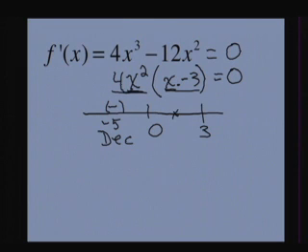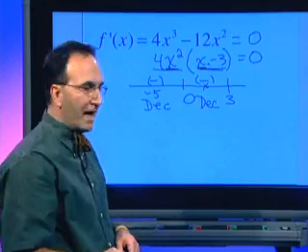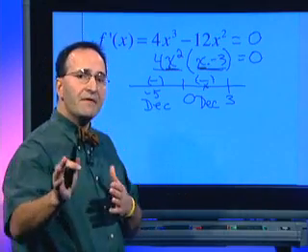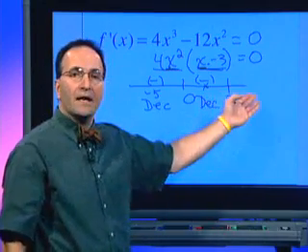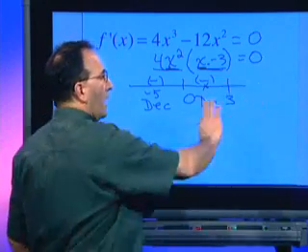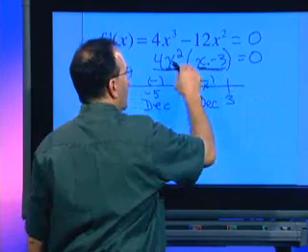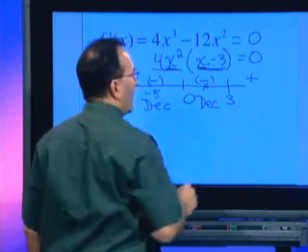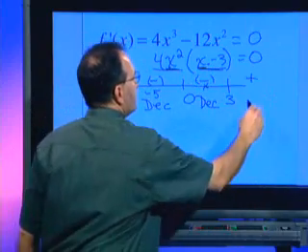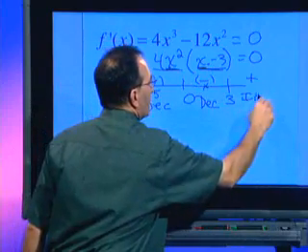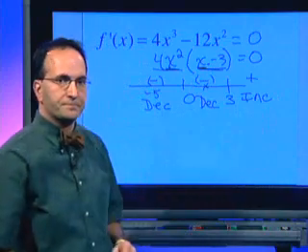That'll be positive. This will be negative. So it's negative here, which means that it's still decreasing at that point. And then finally, let's pick a number that's beyond 3. When we plug it in, we'll find that it's positive, which means out in this interval, it's increasing.